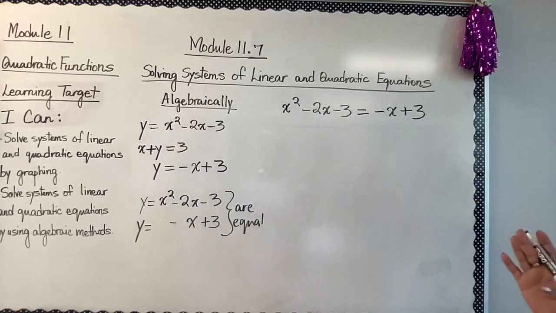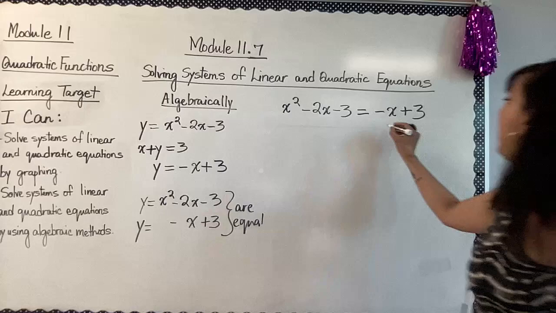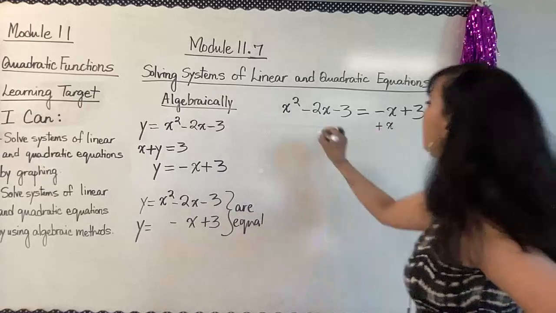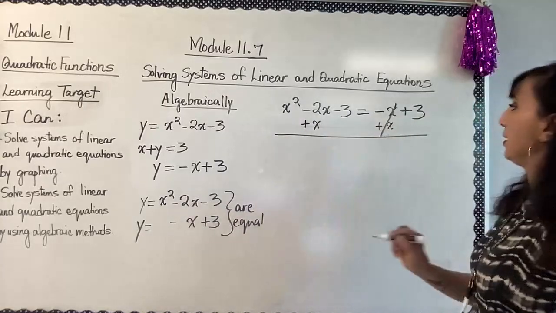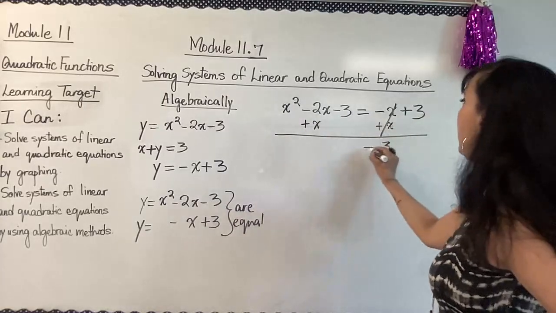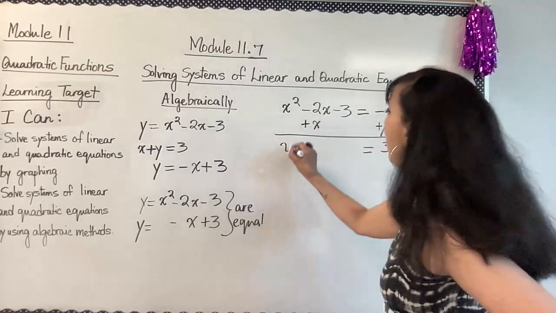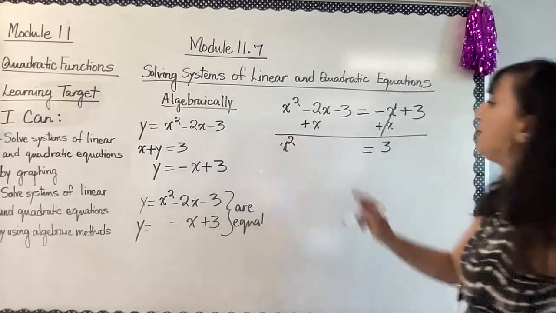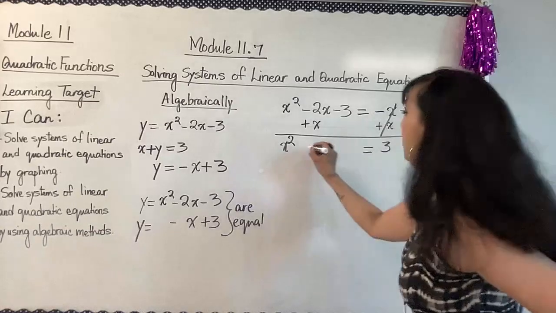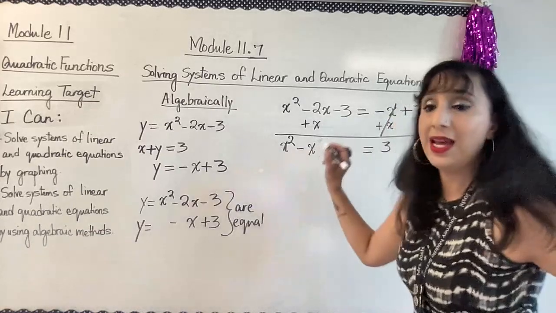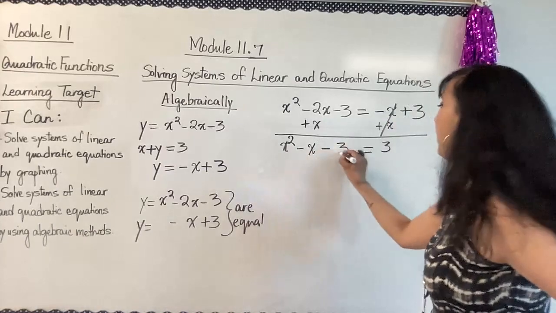Let's start with adding x to both sides. That gives me 3 is equal to x squared, negative 2x and plus x, which are opposite signs. So this leaves me with just minus x, and then I have minus 3.